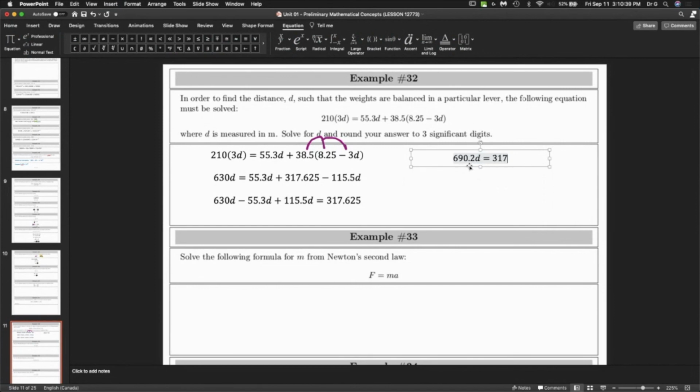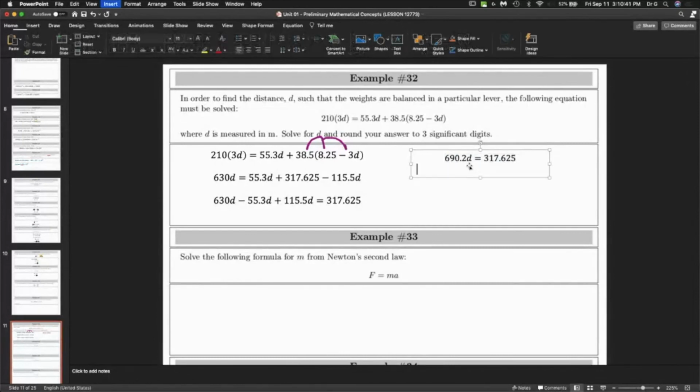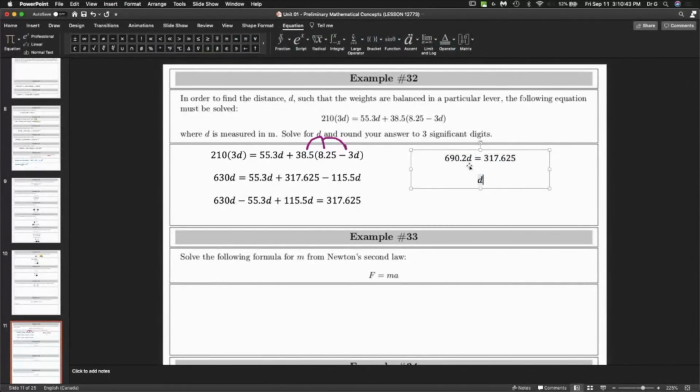Equals, and you can divide both sides by 690.2. You get a final answer of 0.460 meters.